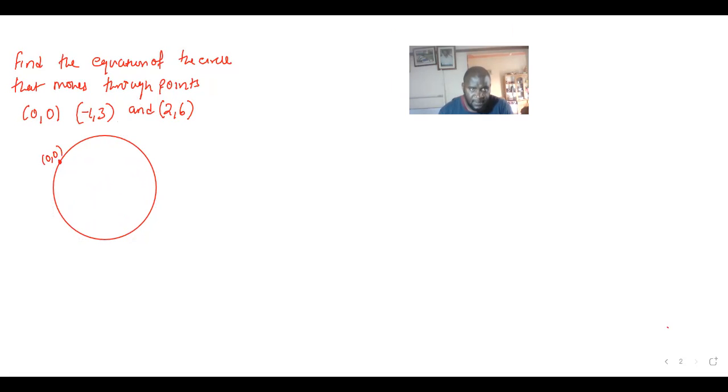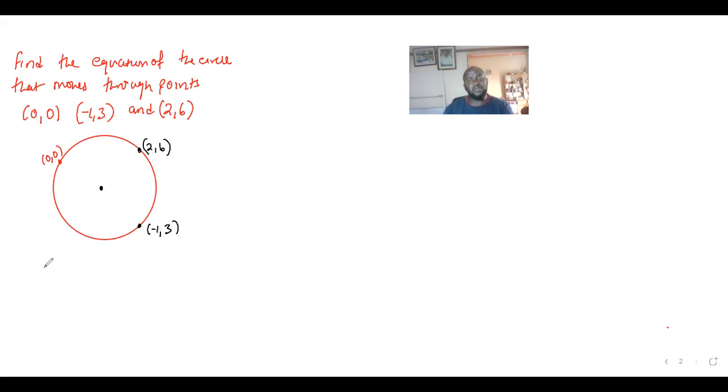Then it has another point, maybe 2, 6, which is there. Maybe it also has another point, which is negative 1, 3. The variable point is the center, which is equidistant from the 3 points.